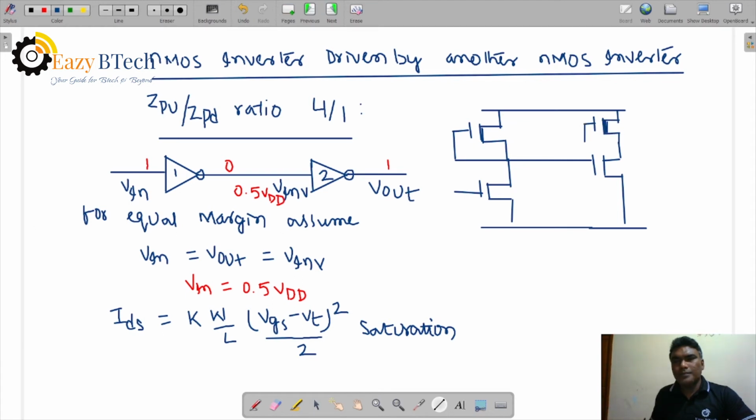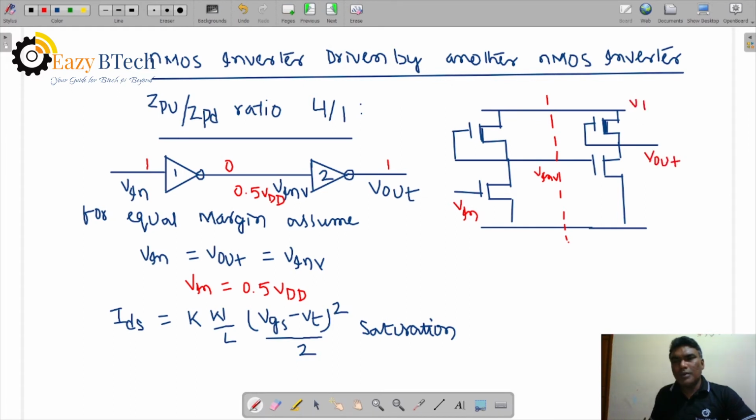You see, so you can say this is one inverter and the second inverter, just a transistor representation. When you apply V in over here, the output of the first inverter is the input to this second inverter, and this one is the output.